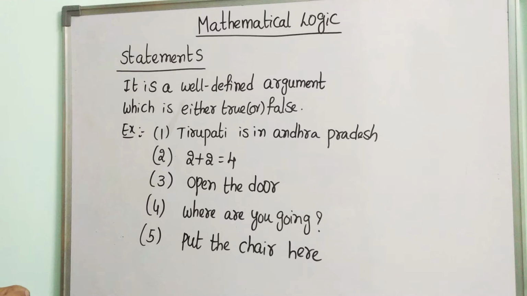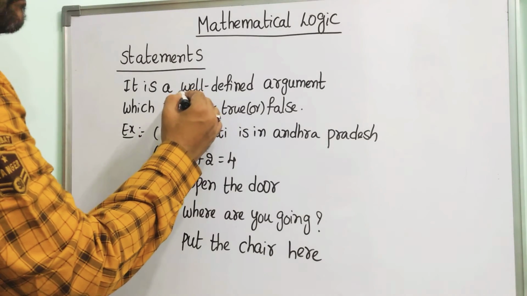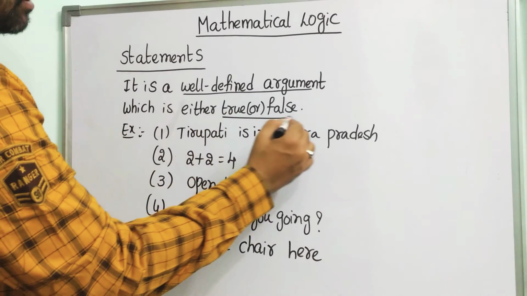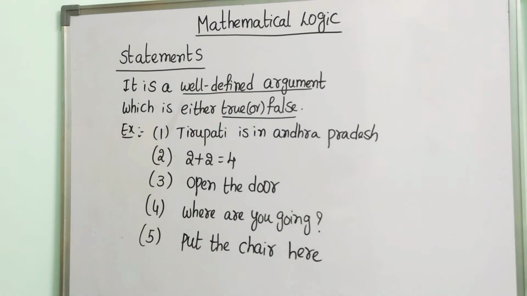So which one is able to define this statement. Okay, so it must be a well-defined argument, as well as it must be either true or false.